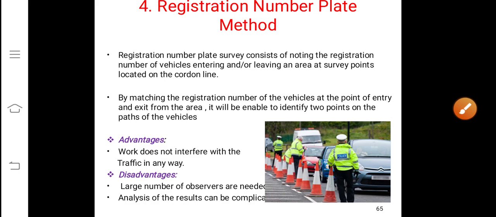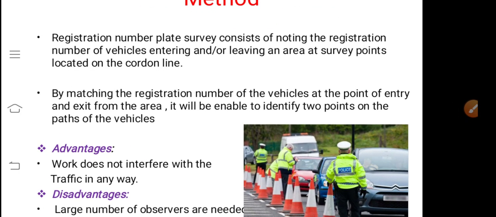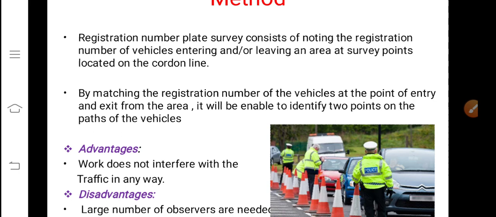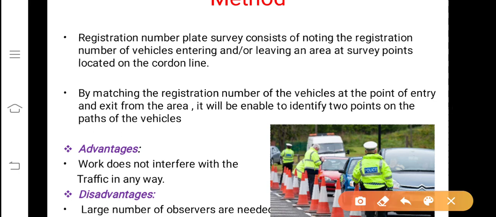Registration number plate method. Registration number plate survey consists of noting the registration number of vehicles entering and or leaving an area at survey points located on the cordon line.